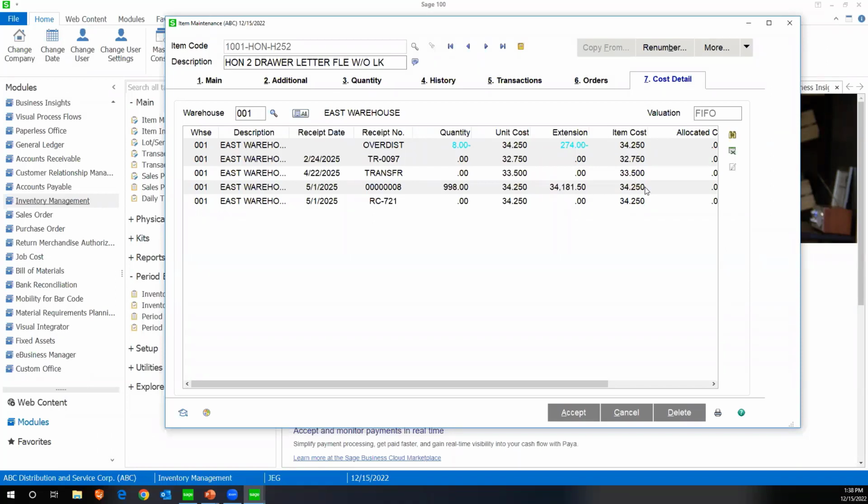So when it applies this positive balance to this negative balance, I won't have an adjustment to the general ledger because the costs were the same. If it got issued out at a higher cost than what the newer one came in at, or at a lower cost, I would have an adjustment to my inventory adjustment account and my inventory account for the difference between those two, because it has to make an adjustment out there.